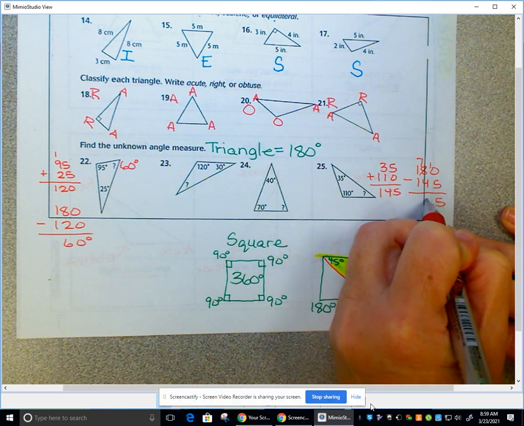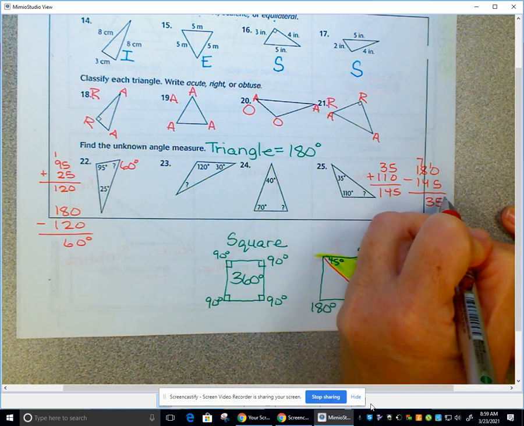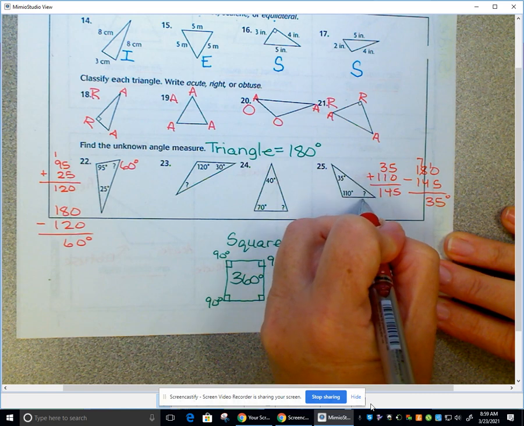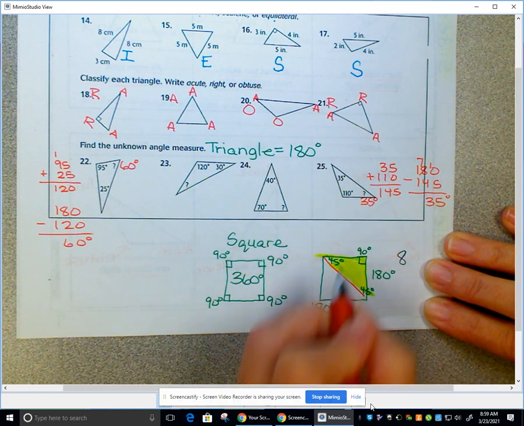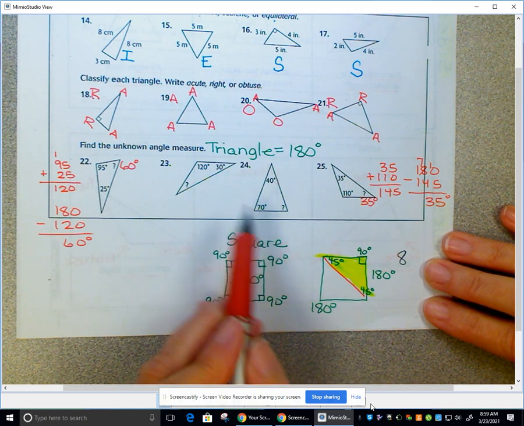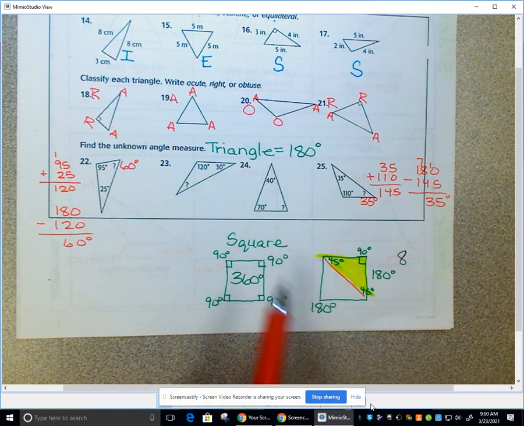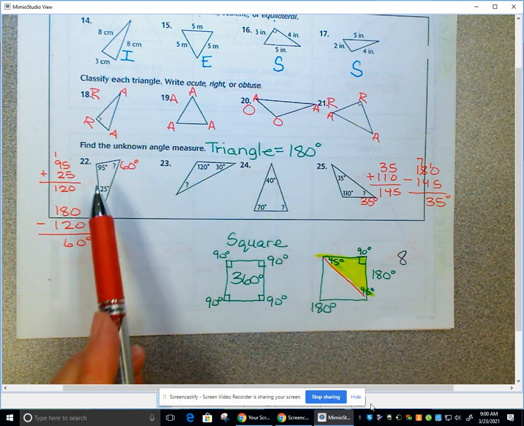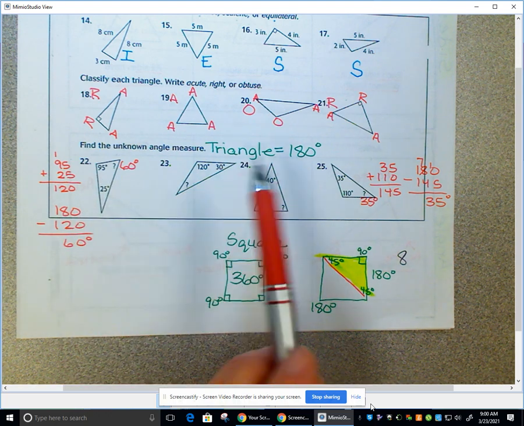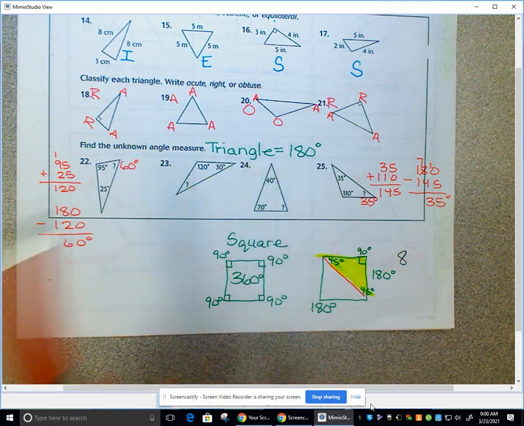That leaves me 35 degrees. So that means the mystery angle is 35 degrees. I'm going to skip these two for time's sake, but you can come back and do these on your own. But that's how we do it. We add up all the angles and take away from the total that we know it should be.